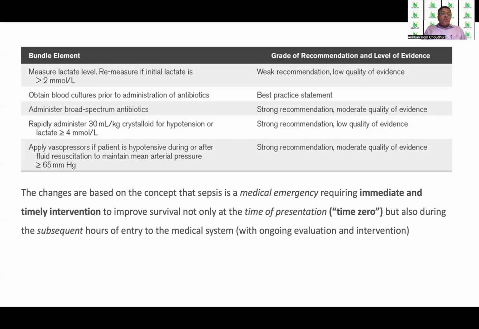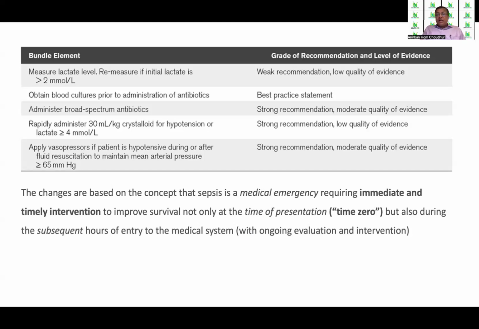Whereas for administration of broad spectrum antibiotics, and rapid administration of 30 mL per kg of crystalloids for hypotension or lactate more than 4 millimoles per liter, there is a strong recommendation, although with low quality of evidence. And application of vasopressors to maintain the mean arterial pressure of equal to or more than 65 millimeters of mercury during or after fluid resuscitation has a strong recommendation, although with moderate quality of evidence.